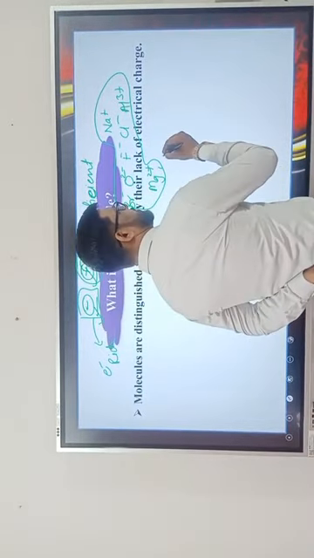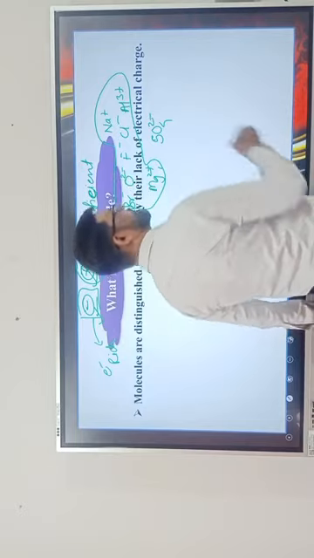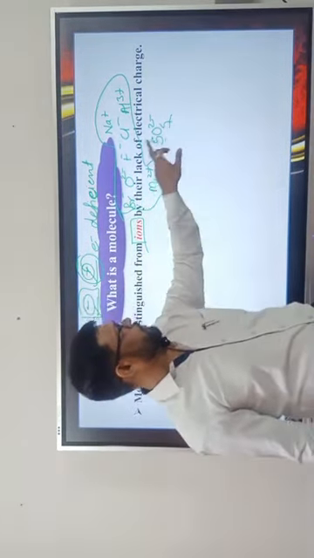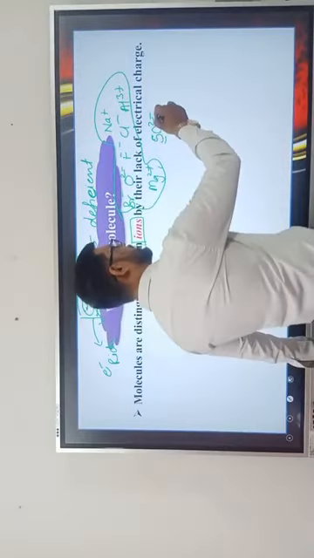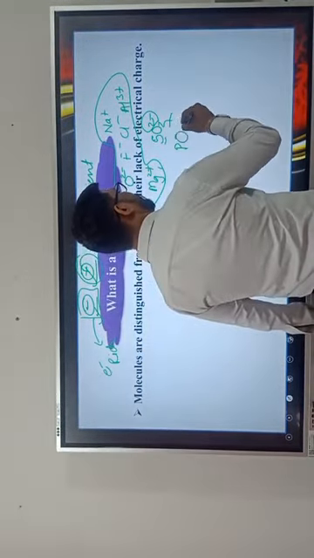There is another class of ions called polyatomic ions. For example, SO4 2 minus contains 4 oxygen atoms and 1 sulfur atom and 2 negative charges. The second one is PO4 3 minus, right?